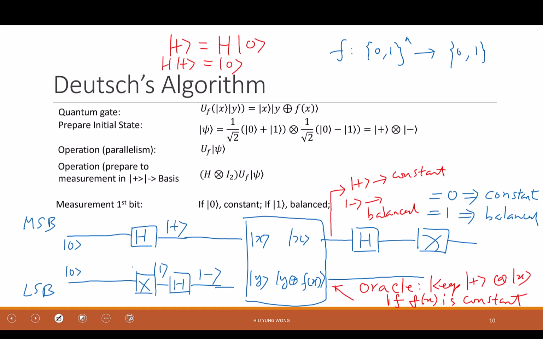Right? You invented a machine which is almost not answering the question. If it is balanced, then it is balanced. If it is constant, then it is constant. You just change it a little bit. If it is balanced, don't change the state. If it is constant, then change the state.